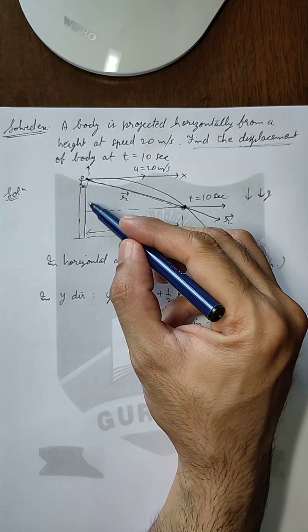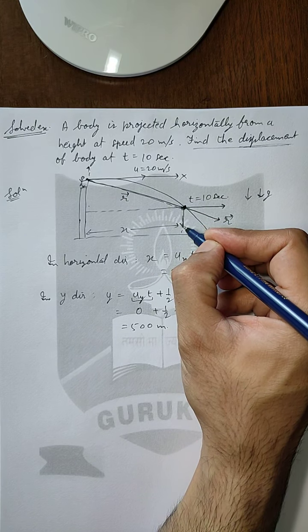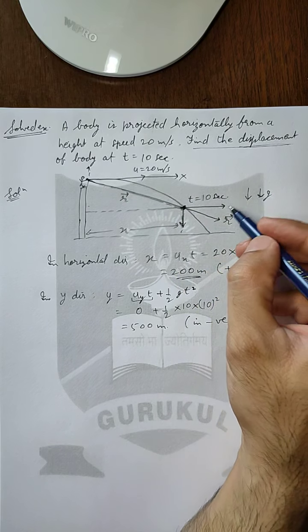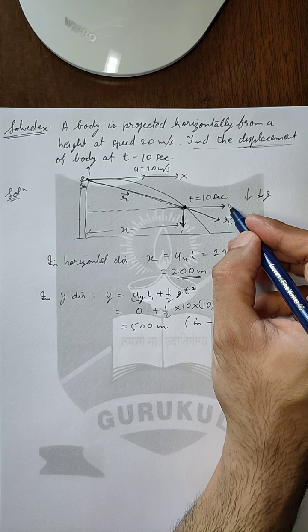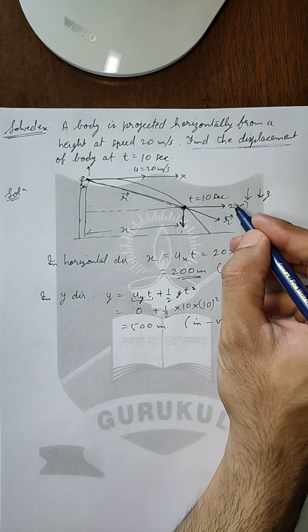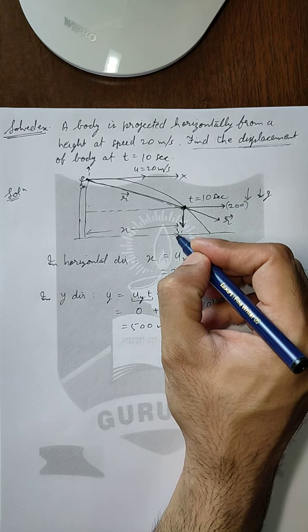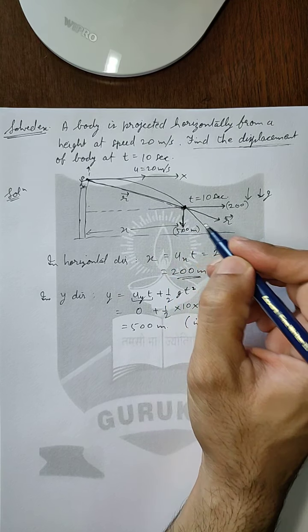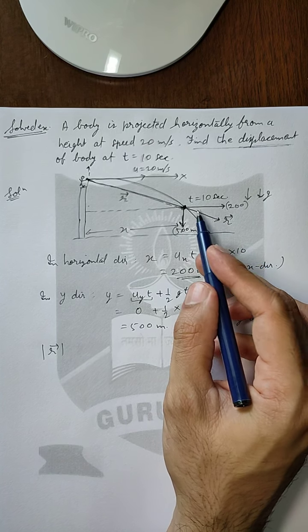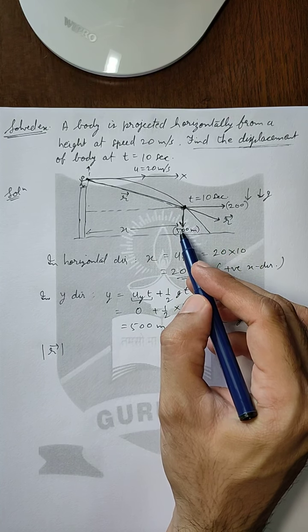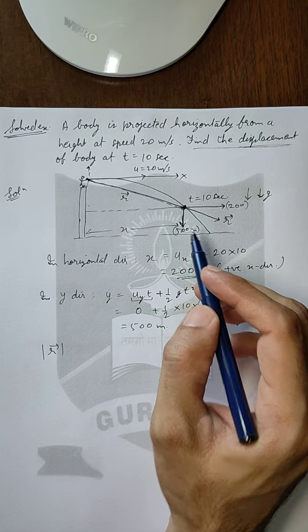The y direction is covered here, so it will be denoted by this vector. Now this distance covered, we already have this value, is 200 meter. This distance covered is 500 meter. And we have to find the magnitude of the resultant vector. Now these two are in x and y direction, that means they are rectangular components.